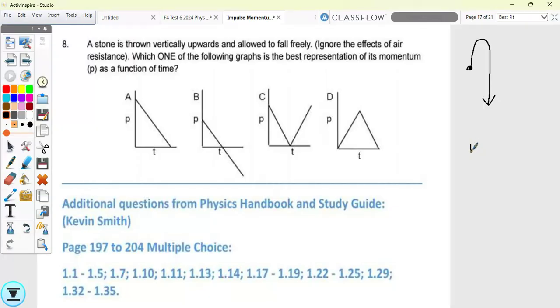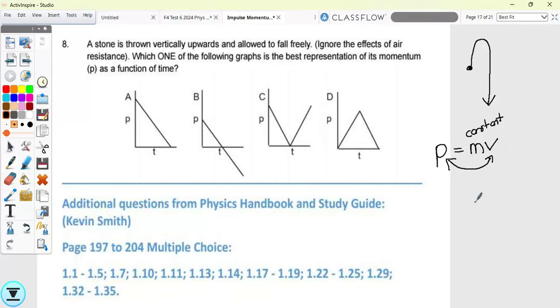Now remember what the momentum is. The momentum, it's not change in momentum. Be very careful. The momentum is just m times v. So if you're looking at momentum, mass is constant. So that means the momentum is going to look like the velocity.